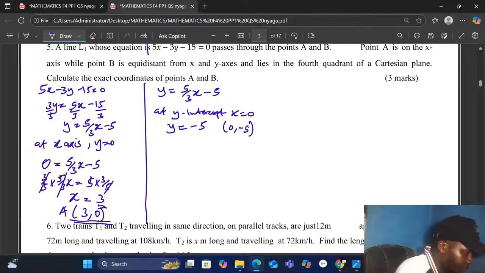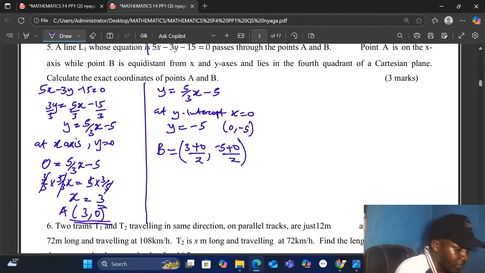Then you have (3, 0). Now they're saying that point B is equidistant from the x and y axis. So the x-intercept is (3, 0), and the y-intercept is (0, negative 5). So B being equidistant, that one will take the values of x, which is 3 plus 0 divided by 2, and the values of y, negative 5 plus 0 divided by 2.